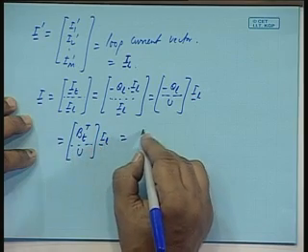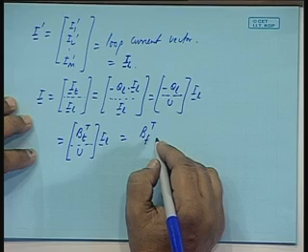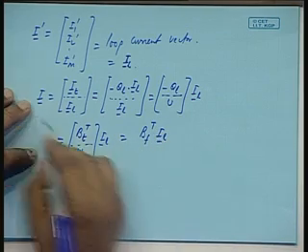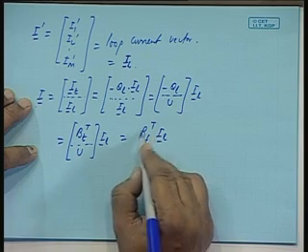Nothing but B fundamental transpose, the total B matrix, into IL. So I is related to the link currents IL by this.